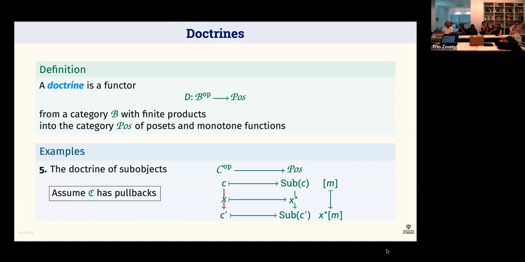And a sub-object is a collection of arrows which are monic, or mono, which means that whenever they see two arrows coming from the same object B, and they see that they are equal after composing, then they were actually equal before that.